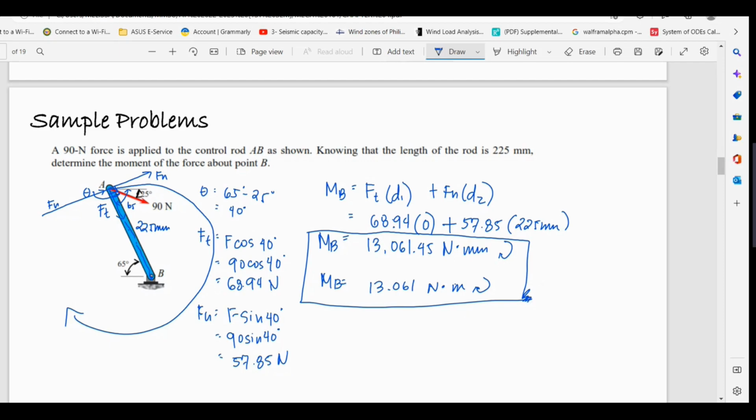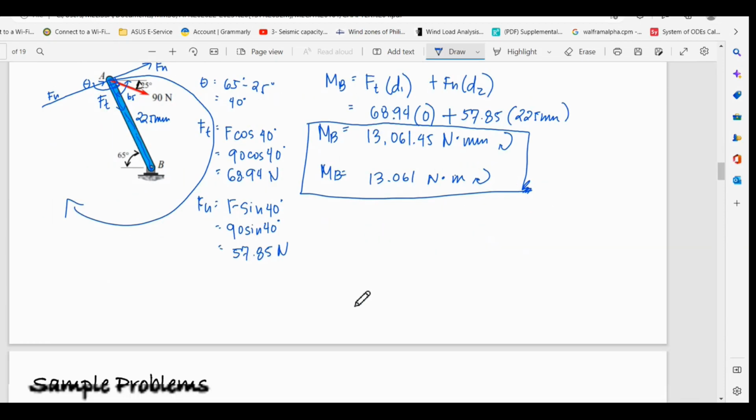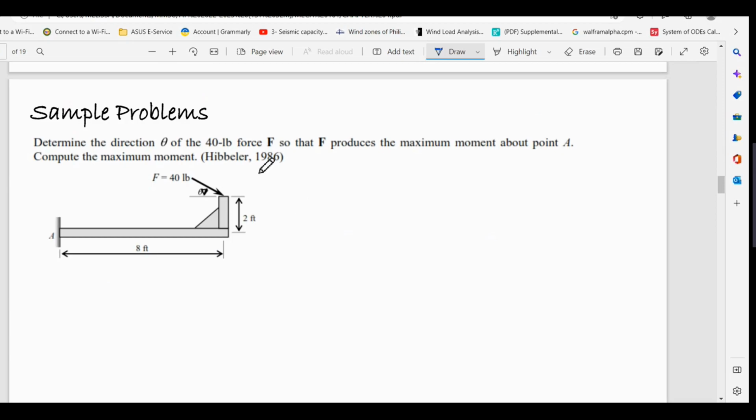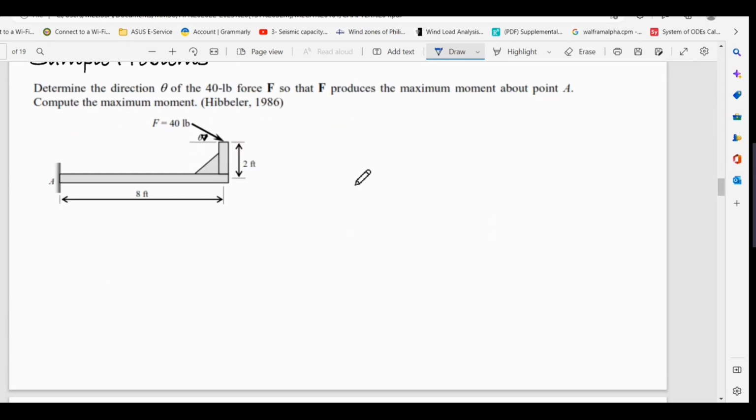Okay, so proceed tayo sa next example. Determine the direction theta of the 40-pound force F so that F produces the maximum moment about point A. Compute the maximum moment. So, dalawang hinahanap dito. The direction theta.